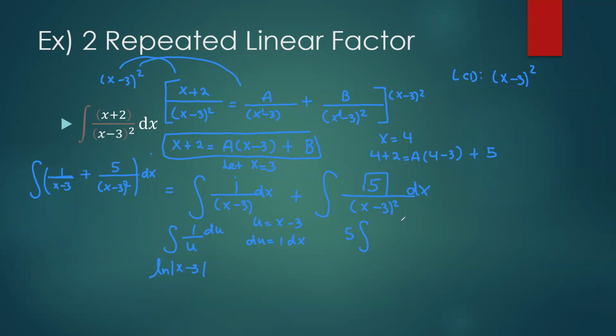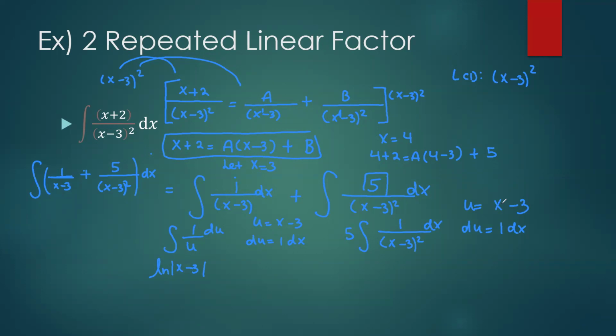This 5 now just becomes an invisible 1, and then you have x minus 3 squared dx. And I'm definitely going to have to use u substitution, and my u will be x minus 3, not just x, but x minus 3. And then du would be 1 dx, right? Good. We don't need to cancel anything.